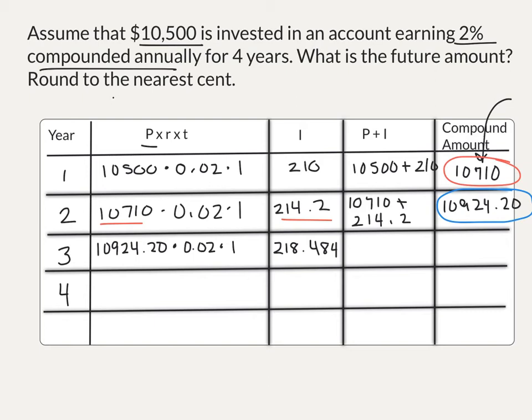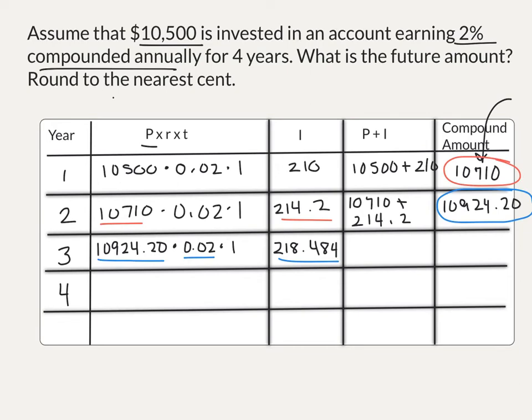So I went ahead and plugged in that value for P in my next iteration, and I'll multiply it by the interest rate of 0.02. And we get an interest amount of $218.484. And we don't want to round any decimal until we reach our final answer.